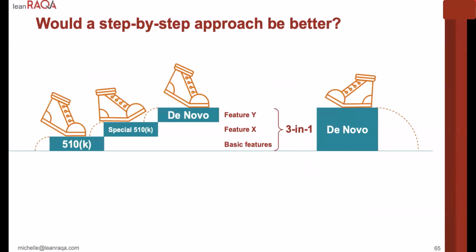Maybe you're eligible for a special 510K or using yourself as a predicate, a traditional 510K, and then make the final leap to that de novo for that feature that really sets it apart and makes it not eligible for a 510K in terms of intended use or technology.